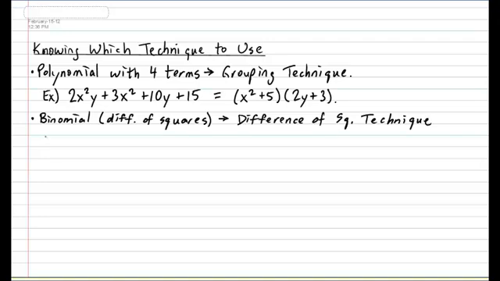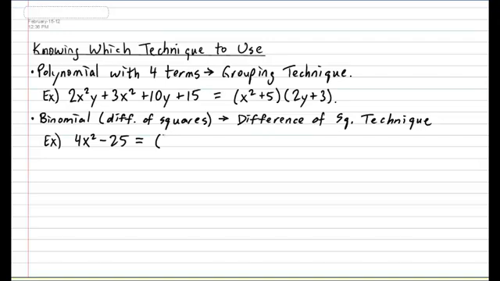So, here's an example of what I'm looking for. Put EX, please. So suppose I had something like this: 4x squared minus 25. Well, it's a very easy detection process. It is a difference, and the 2 terms are both perfect squares. So the difference of squares technique is very, very quick.